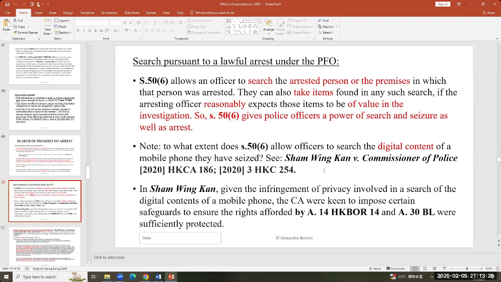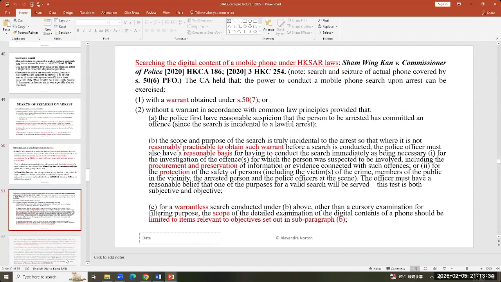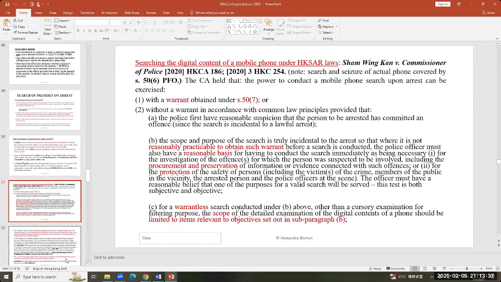So this is the leading case here, Sham Wing Kan. And basically what Sham Wing Kan says is that if the police want to search the digital content of a phone, they either need a warrant that they first obtained from the court, or if they don't have a warrant, they have to comply with the general common law principles.